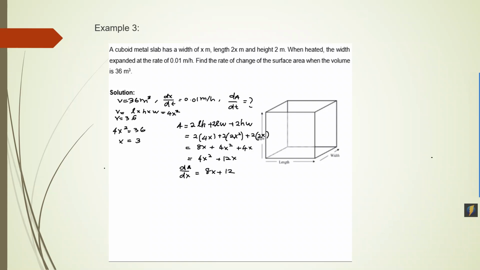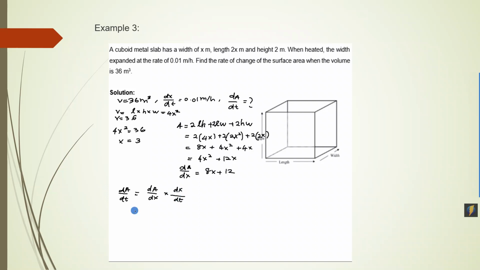Okay, so dA over dt equals dA over dx times dx over dt.